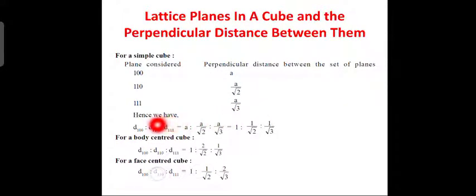For a body centered cube, the ratio of the perpendicular distance is given by 1 is to 2 by square root of 2 is to 1 by square root of 3. And for a face centered cube, the ratio of the perpendicular distance is given by 1 is to 1 by square root of 2 is to 2 by square root of 3.